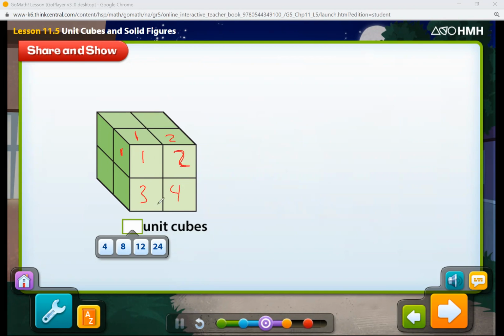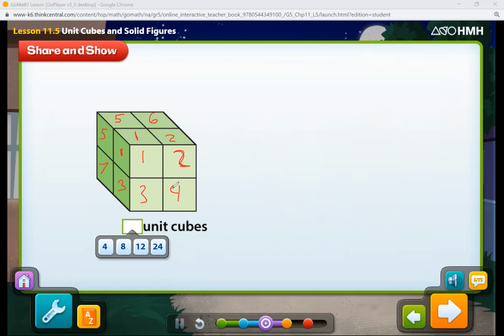This is the side of cube number 3, and you can't see the rest of cube number 4. Back here, we've got cube number 5, and this is also part of cube number 5. This would be cube number 6. This would be cube number 7, and you can't see it, but there's a cube number 8 underneath number 6.